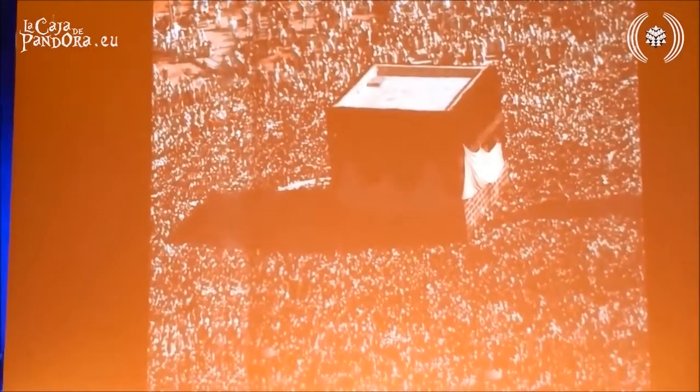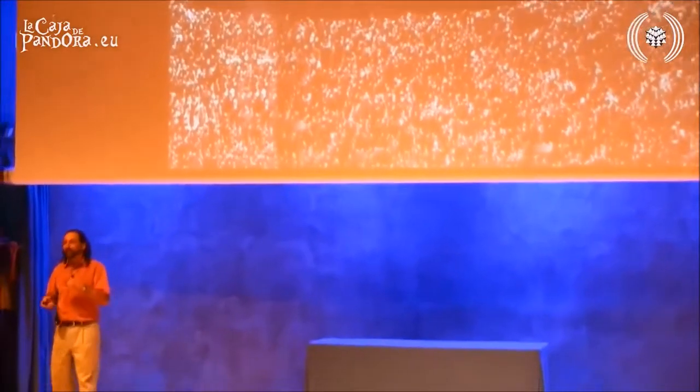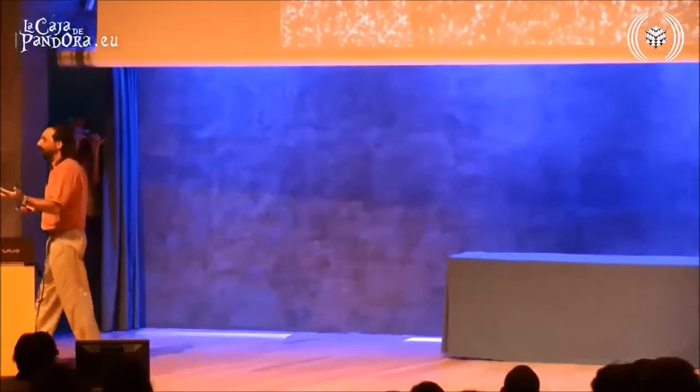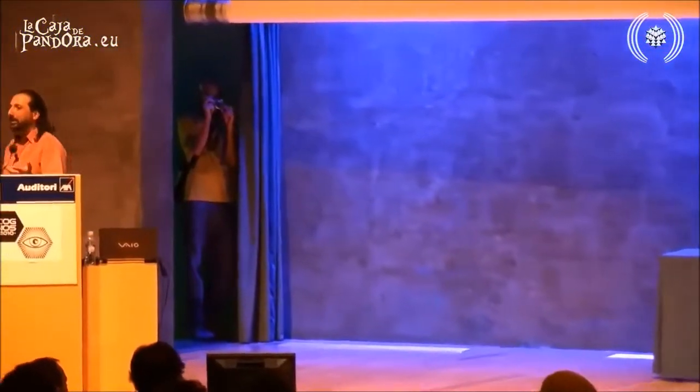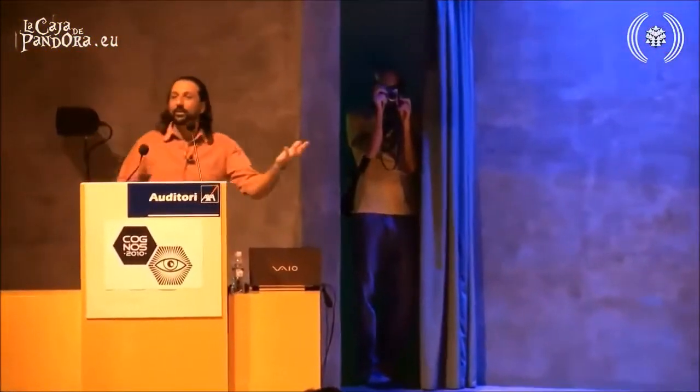And, you know, it's supposed to be in the center of the Kaaba. Now, archaeologists have said that that black stone is most likely a meteorite that was found by a Bedouin in the desert.